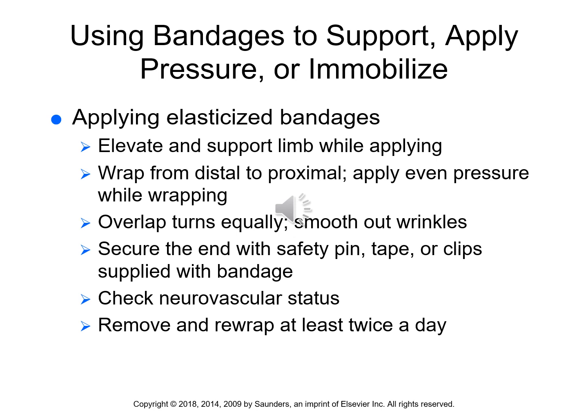Some ace wraps have Velcro, some have the clips or whatnot. If you're using tape or some type of bandage, make sure you're doing your neurovascular checks, and rewrapping it at least twice a day to check for circulation, skin integrity, and things like that as well.